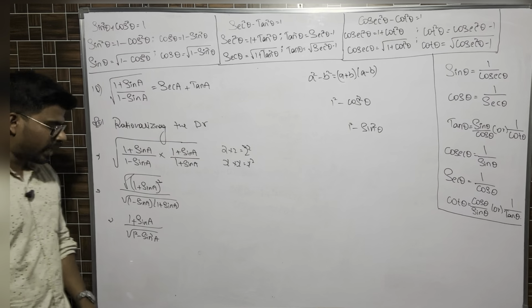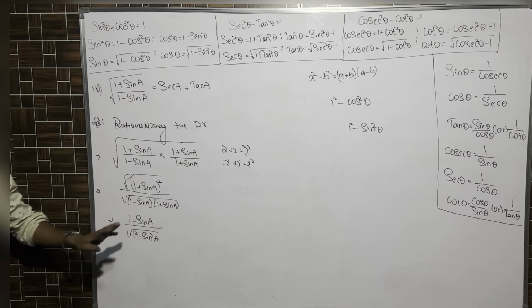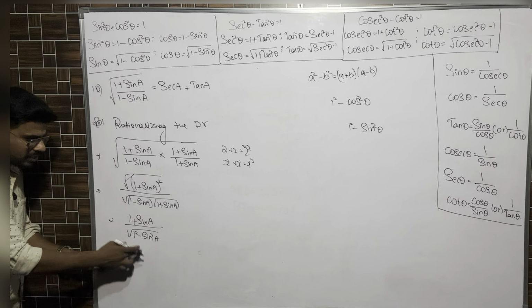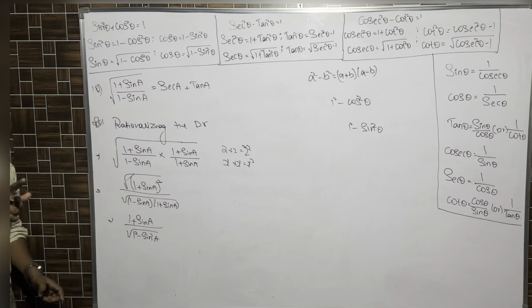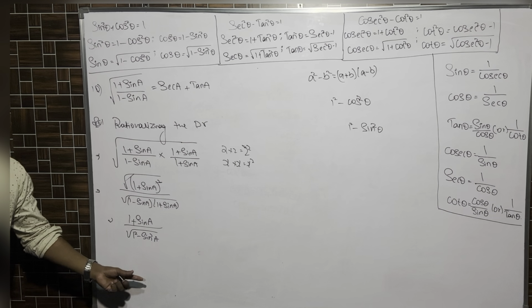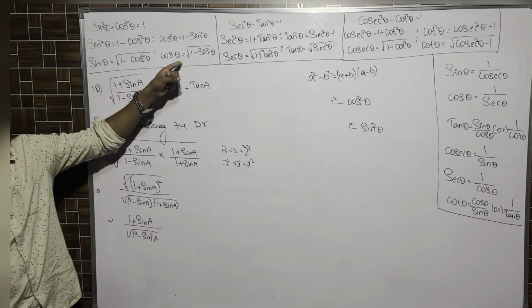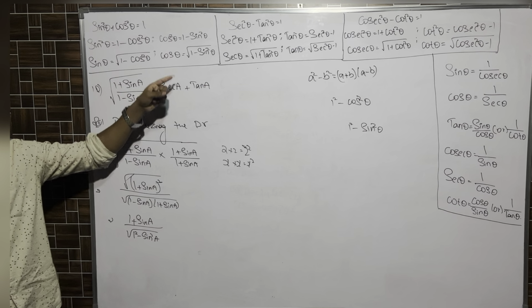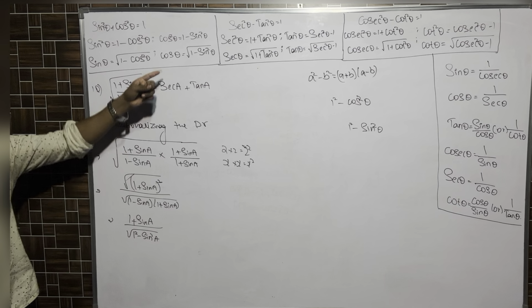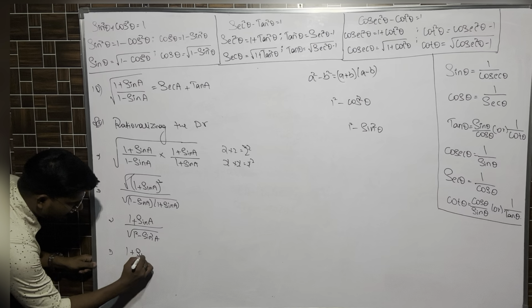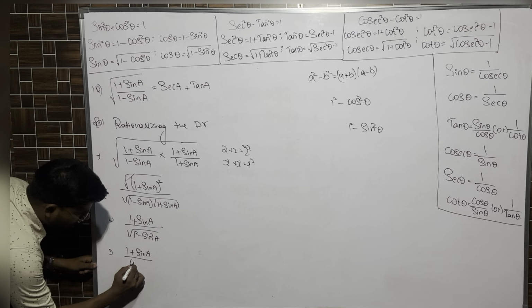These two values you have to get. So I should get 1 by cos in the first, and sine by cos in the second. 1 is there, sine is there, but in the denominator we should get cos. So under root 1 minus sine square, what's the formula? Instead of 1 minus sine square theta, can't I write cos theta? Right? So it is 1 plus sine A by cos A.